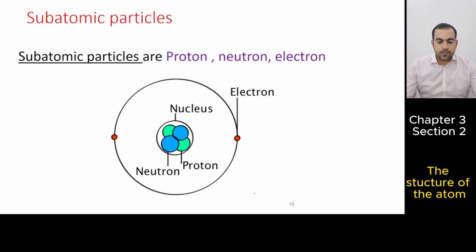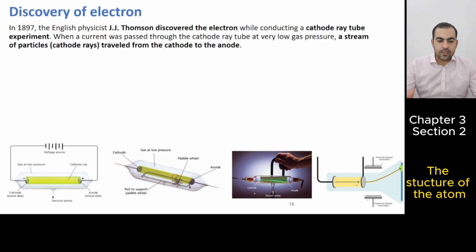Subatomic particles. Subatomic particles are proton, neutron, and electron. So guys, we call the electron, neutron, and protons what? Subatomic particles.